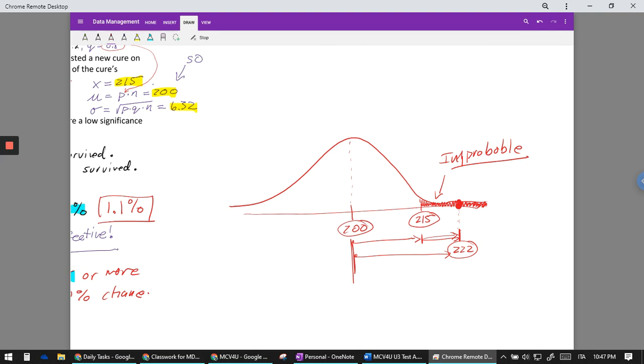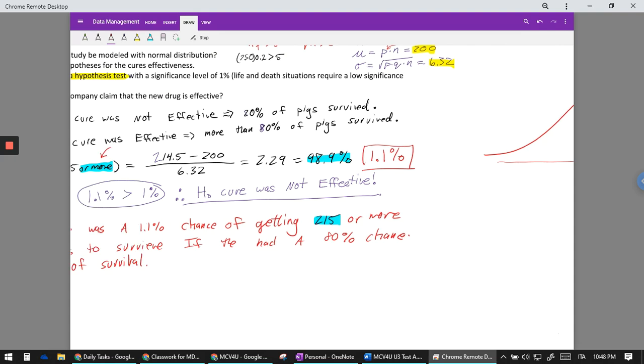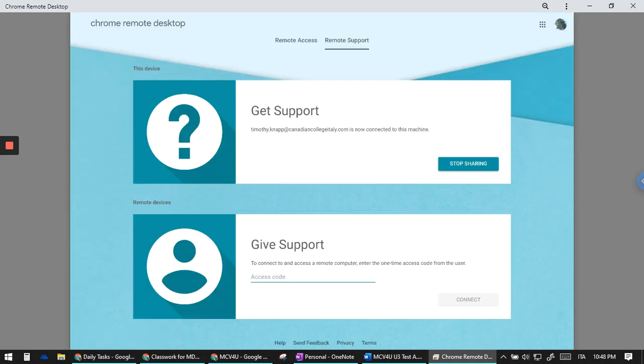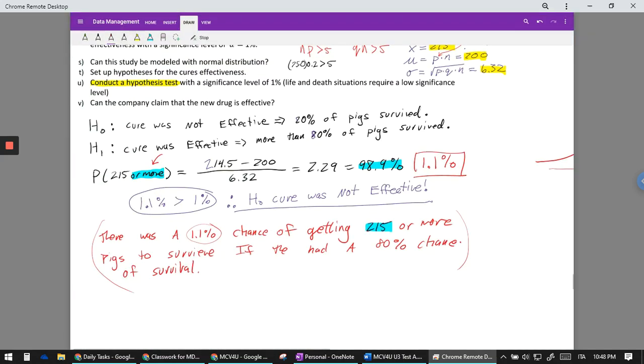In order for this cure to be effective enough, it would have needed to cause a significantly greater number of pigs to survive. And that's going back to our ultimate conclusion here, that this 1.1% chance just isn't small enough to convince us that this cure is effective.